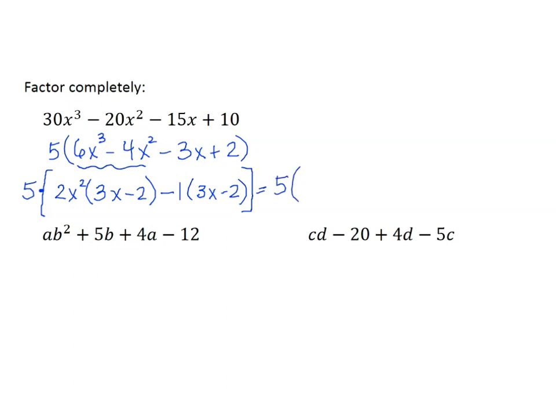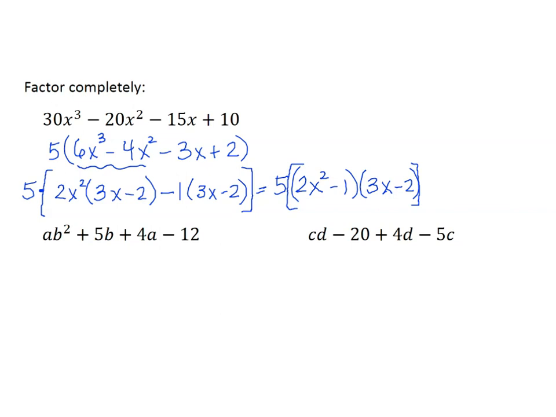I take the two GCFs that I factored out and I put them together. And then I get the repeated factor and I just write it one time. And actually it would be better if I did this, because the 5 is not just times the first one, it's times the whole thing.